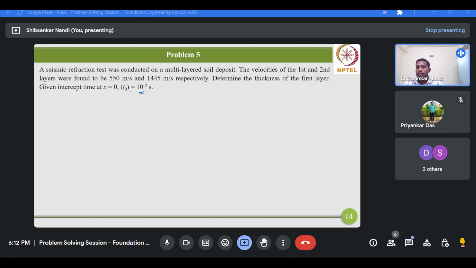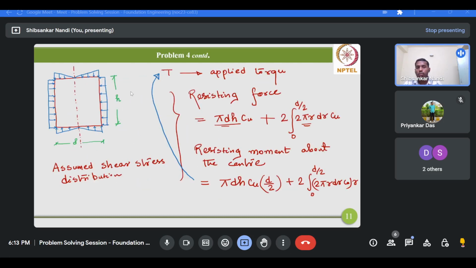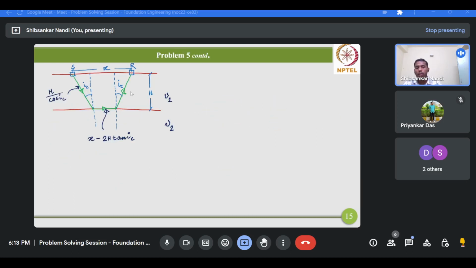Now to answer this problem, you first have to understand the philosophy involved in this kind of seismic refraction test. This test falls under the category of geophysical exploration, already mentioned earlier.